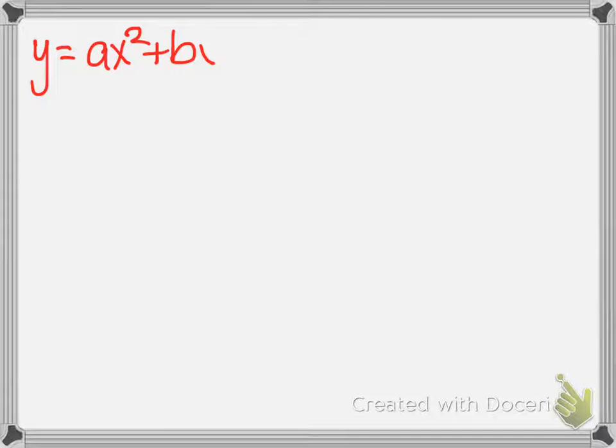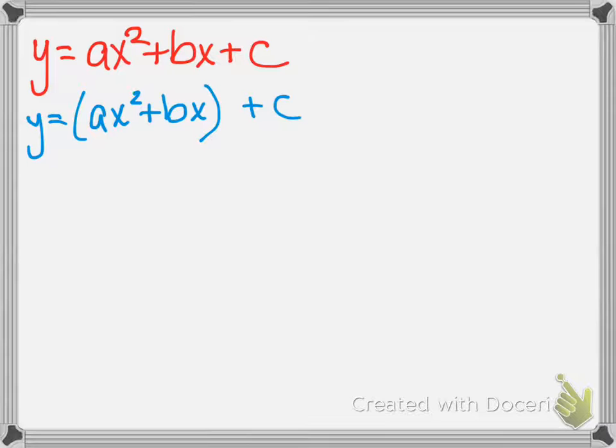using just general form and letters, same steps apply, but using letters, of course, creates a little bit more difficulty than using numbers because I can't actually do division or multiplication when I want to and change numbers. So I'm still going to separate out the x squared term and the x term and leave the c on the outside.